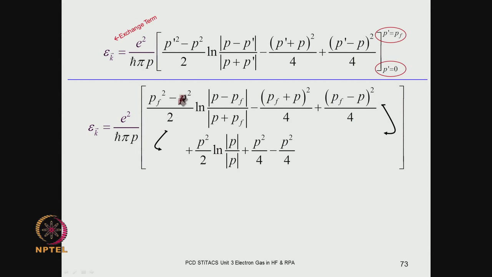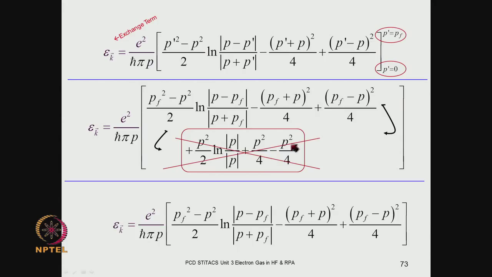So, we get this expression with p prime equal to the Fermi momentum. Instead of p prime square minus p square, you get pf square minus p square and the corresponding terms with pf, the Fermi momentum, over here, and you have the same expression for p prime equal to 0. But notice that this term simply vanishes. So, there is nothing that is left of it, and now you have only the upper expression which you have to be working with.